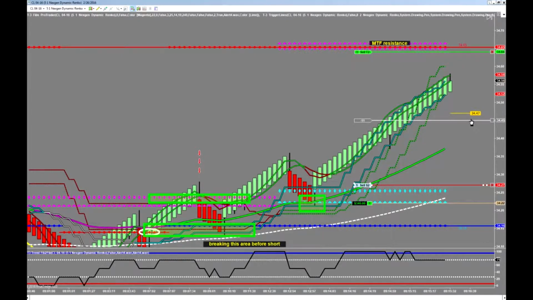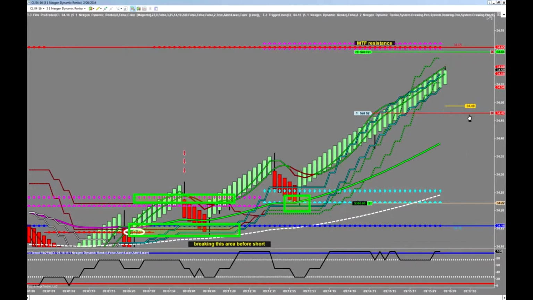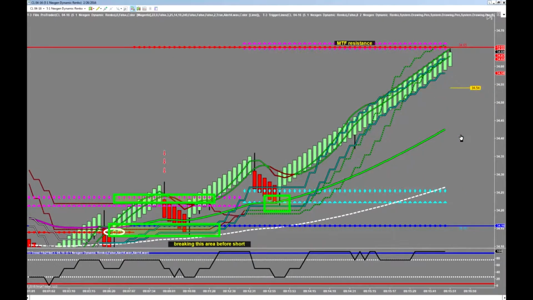Guess there's no reason not to lock in ticks here at this point, getting closer to resistance. That's what you call the apology trade right there. And a couple ticks from, there we go. That's called the apology.